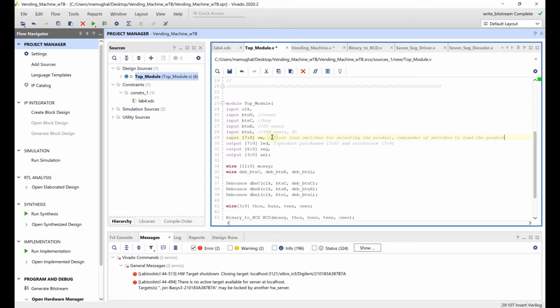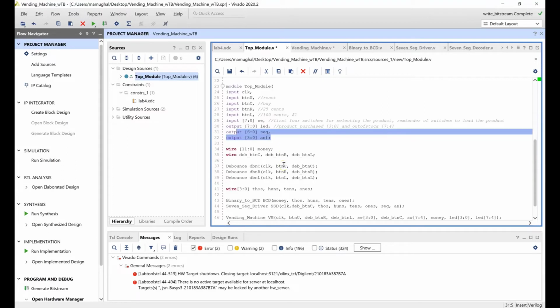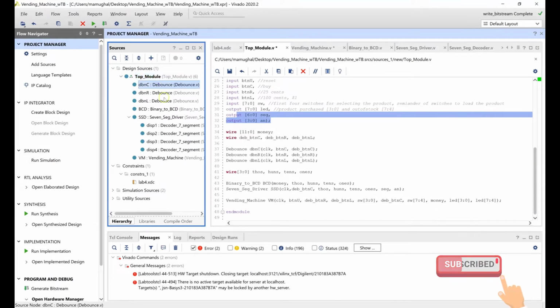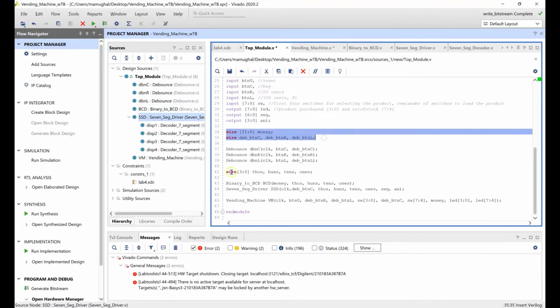Okay, and then we got 8 LEDs, 4 LEDs for the product that is being purchased, and 4 LEDs for the out of stock. And then finally we have segment and enable. We are also going to declare a bunch of wires, so the outputs of all these modules, debounce, binary to BCD, 7-segment, the output of all those will be declared as wires, as you can see over here.